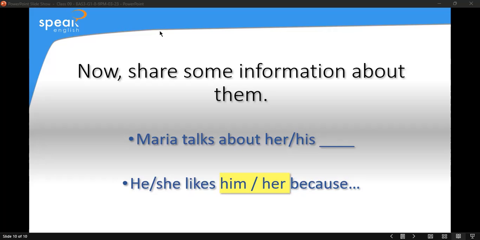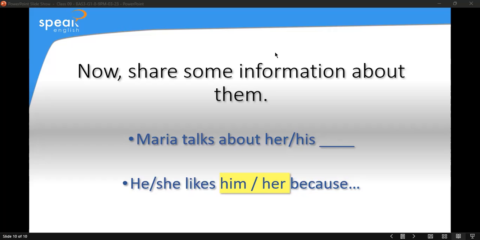Hello. I was talking with Gabriela and Alejandra, and Alejandra talks about her favorite artist, and her favorite artist is Taylor Swift.